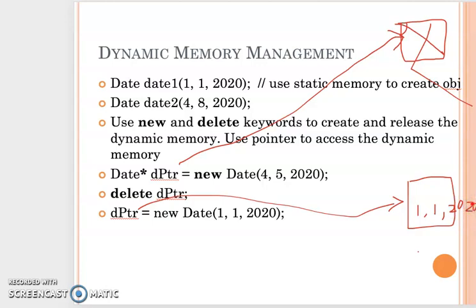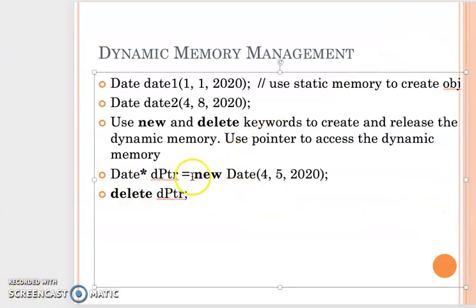So that's the dynamic memory allocation. You need to remember whenever you use the new, you need to use the delete. Here you can see you can have a date pointer to refer to a new date. You also can have this pointer refer to a date array.